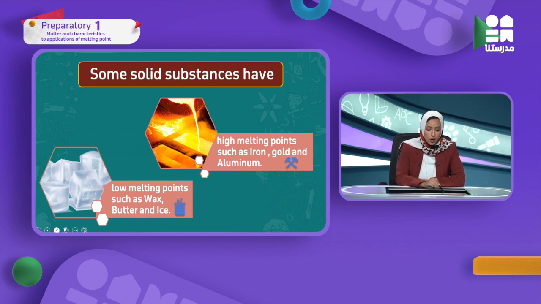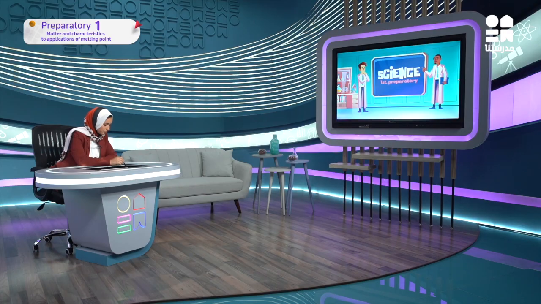We said a low melting point means they need low temperatures in order to melt, or in other words, they melt easily or fast. Like what? Ice cubes, butter, wax. All of these substances melt quickly because they need low temperatures in order to melt. So we must always know that some substances have a high melting point and some have a low melting point.